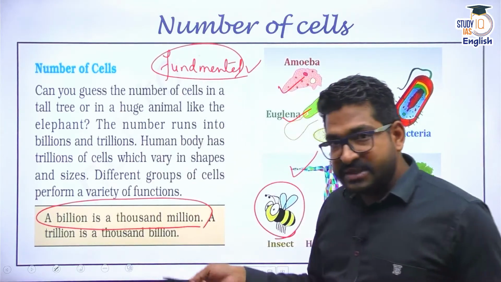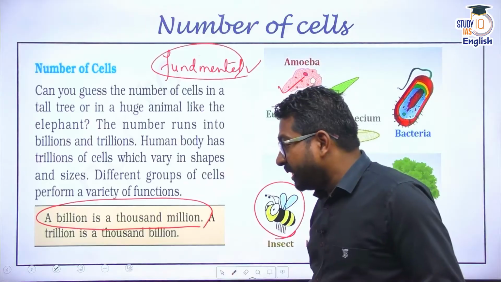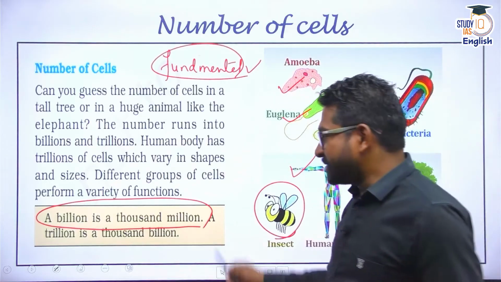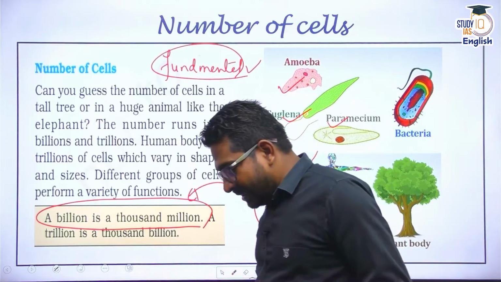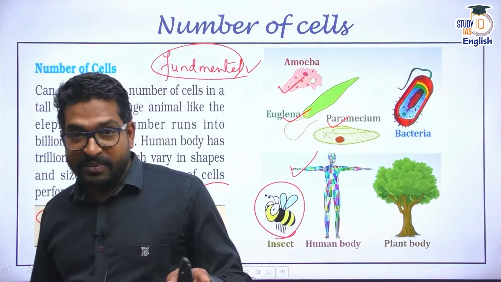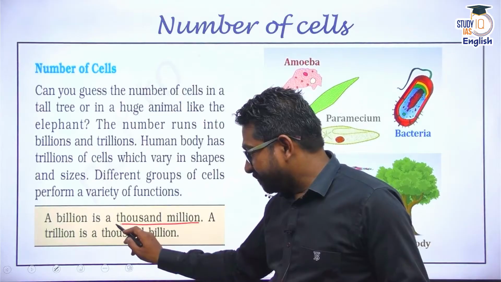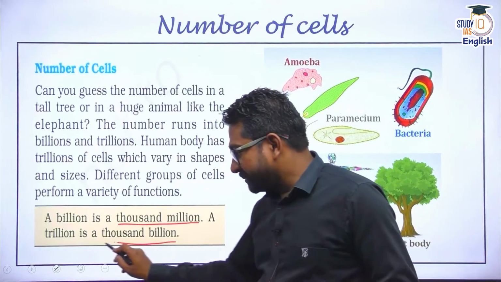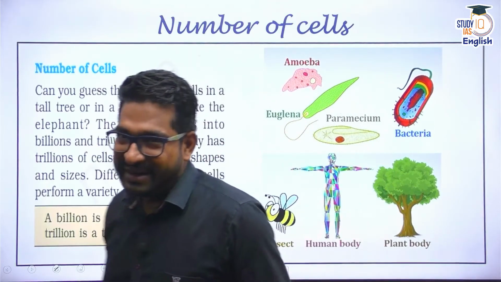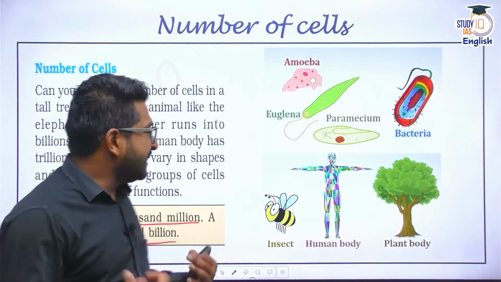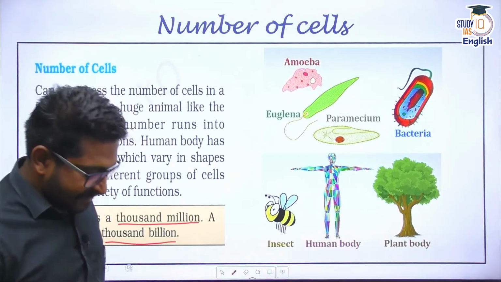A billion is basically 1,000 million, and a trillion is basically 1,000 billion. That's useful information, say from a CSAT perspective. Do remember this. A billion is 1,000 million, a trillion is 1,000 billion. Don't forget this. So our body is composed of billions of different cells.